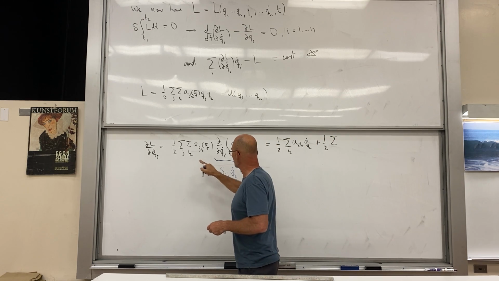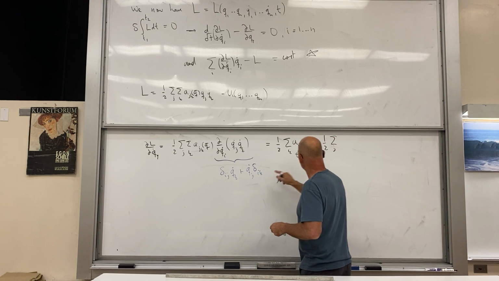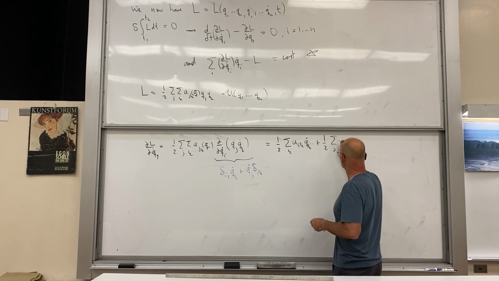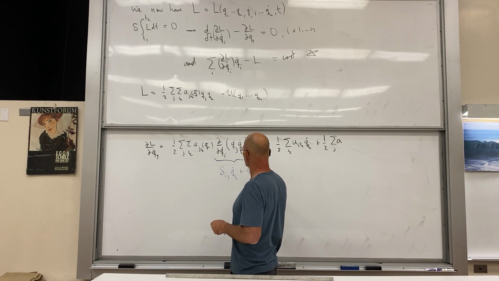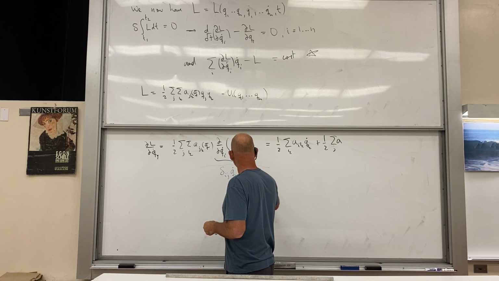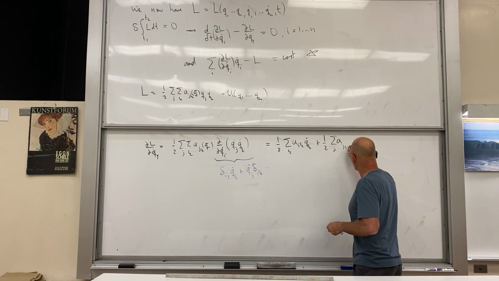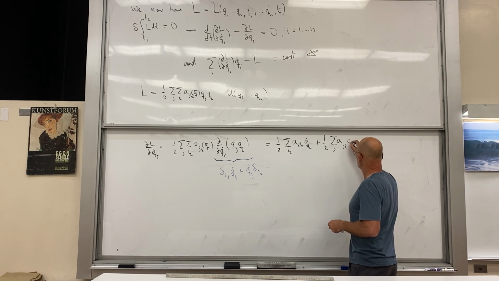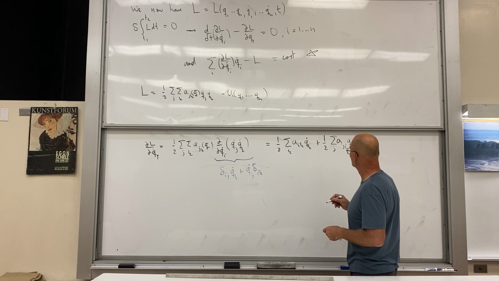Now you're holding j, you're getting rid of the k sum because you've got this Kronecker delta ik, so a_ji q_j dot.